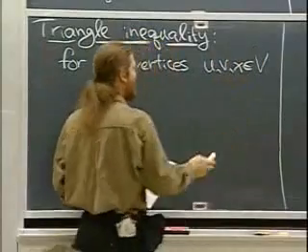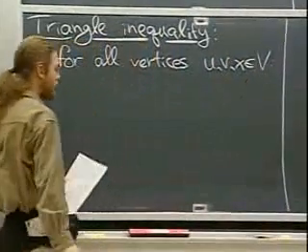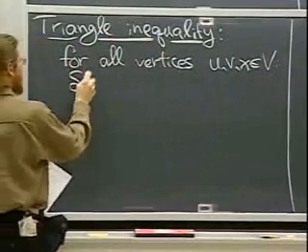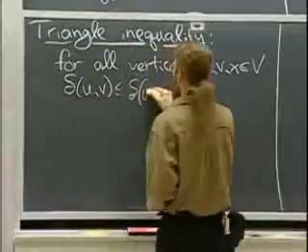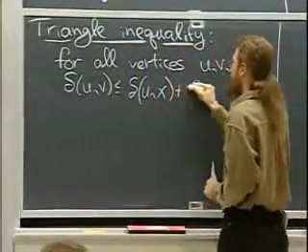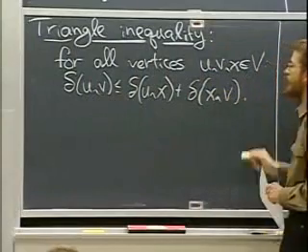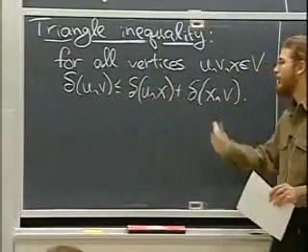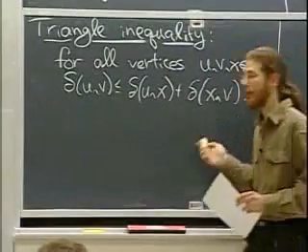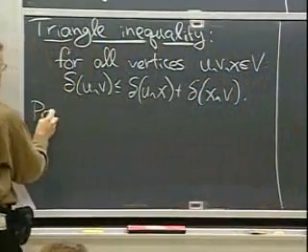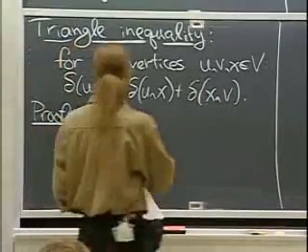Or more obvious, I guess, depending on your inclination. So if you have any triple of vertices, the shortest path from u to v is at most the shortest path from u to x plus the shortest path from x to v. Of course, here I mean shortest path weight from u to x and the shortest path weight from x to v. This should be pretty natural just from the statement. It's even more natural if you draw the picture.